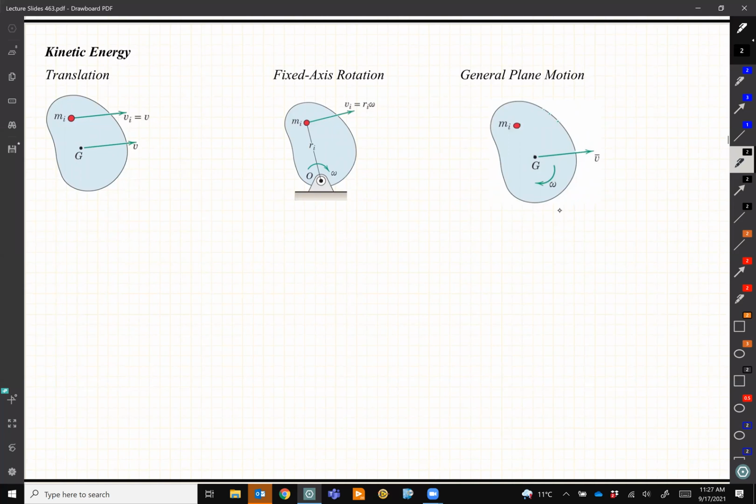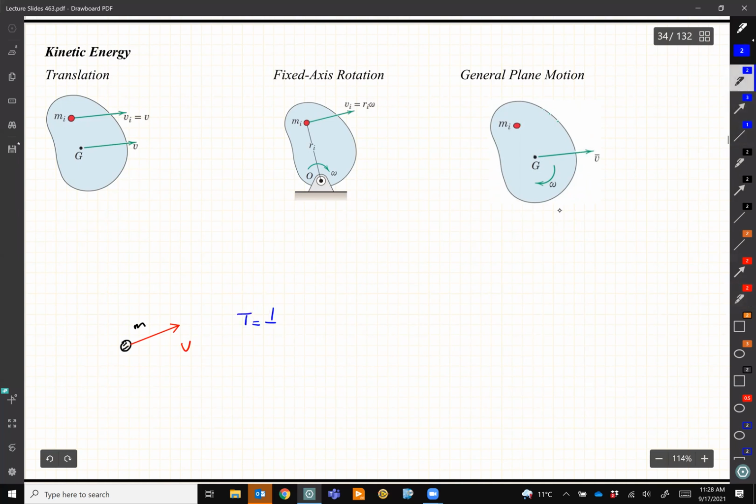So kinetic energy, again, for a particle, you are familiar. If I have a particle m and it has velocity v, then the kinetic energy, which we usually show by T, is half of m v squared. That's easy. You have used it a lot and you know what it is.